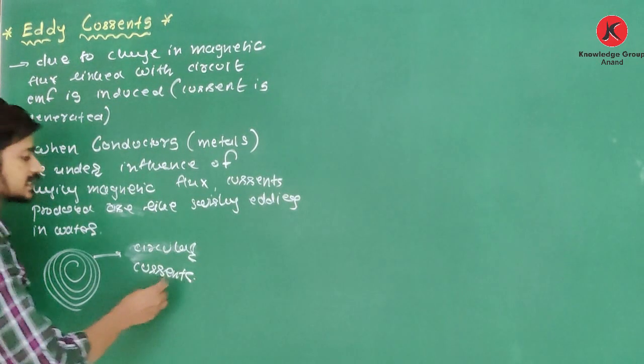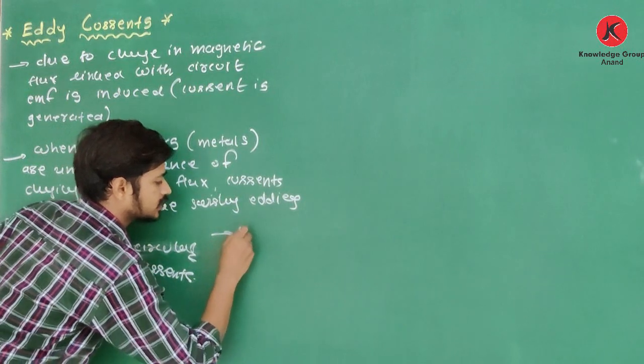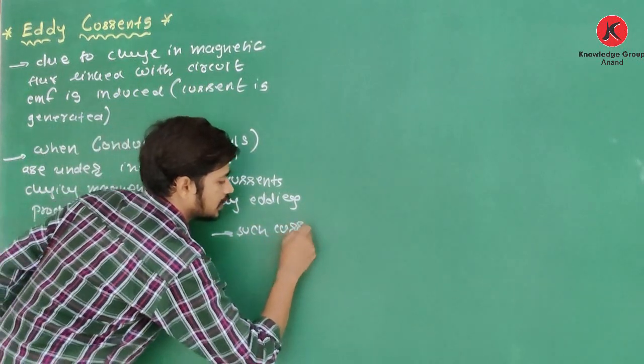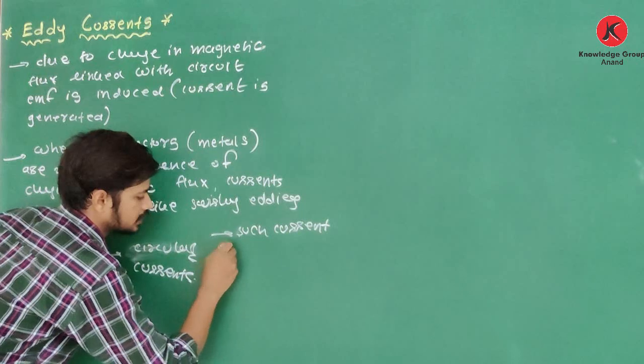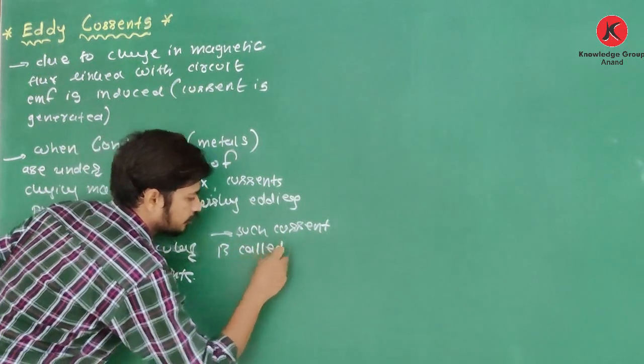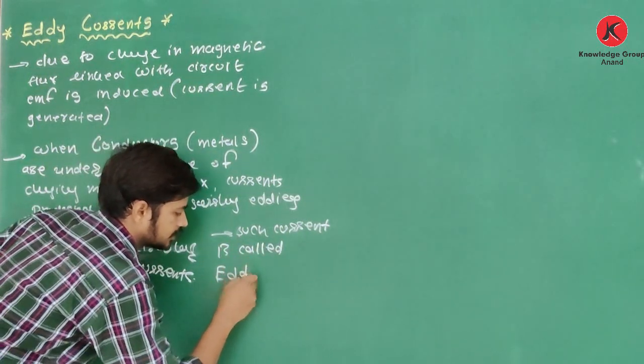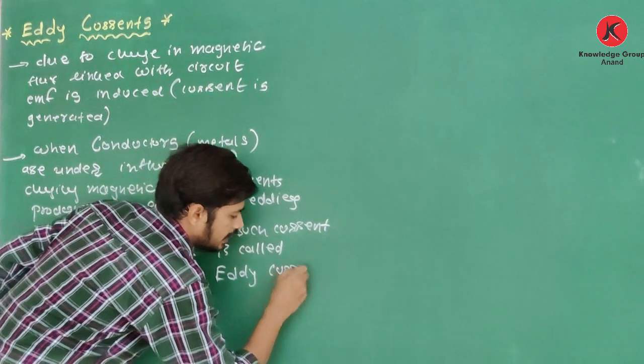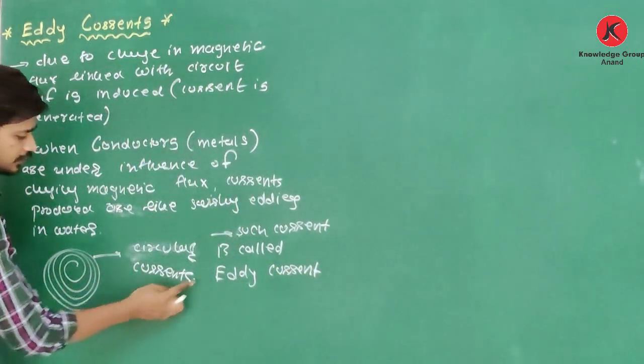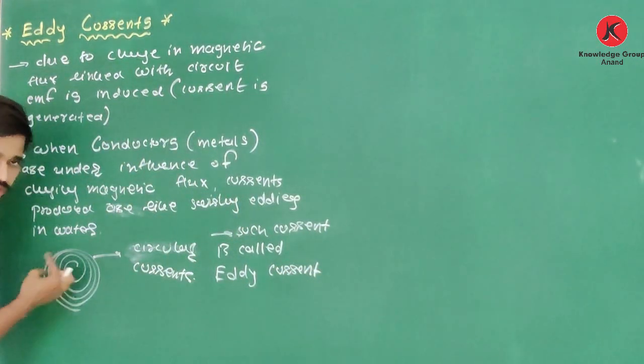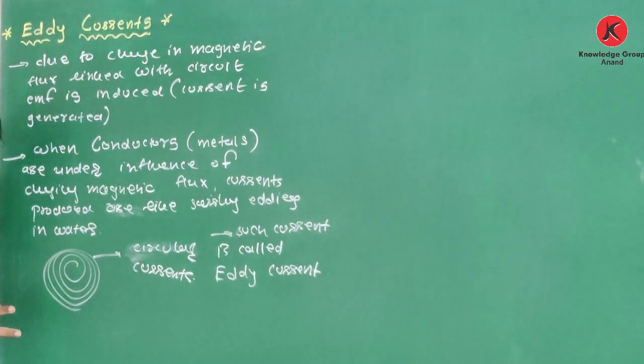And that's why such current is called eddy current, because it is a circular current.